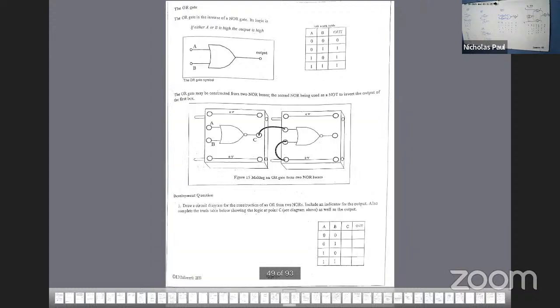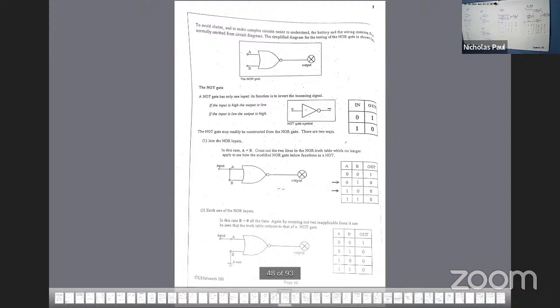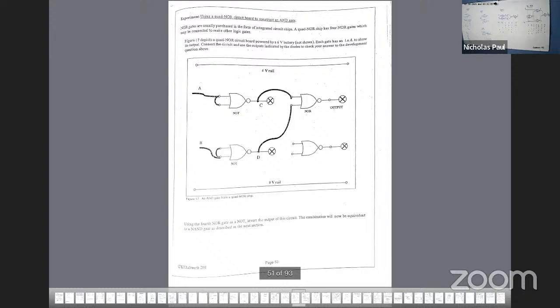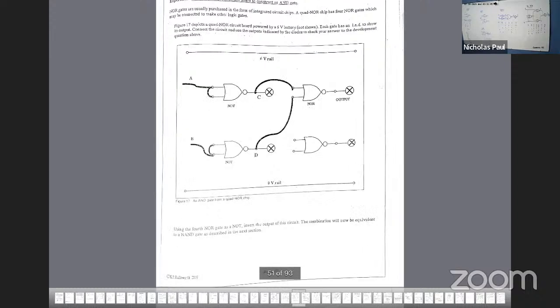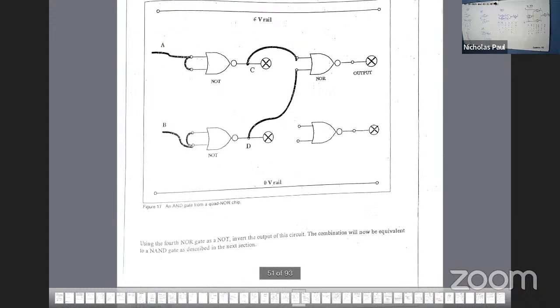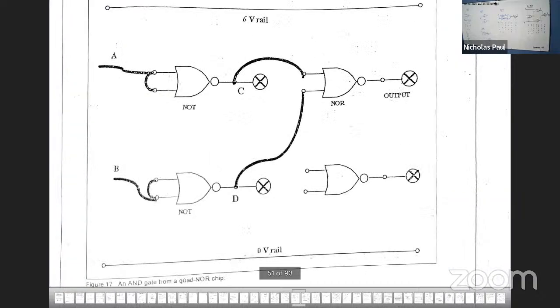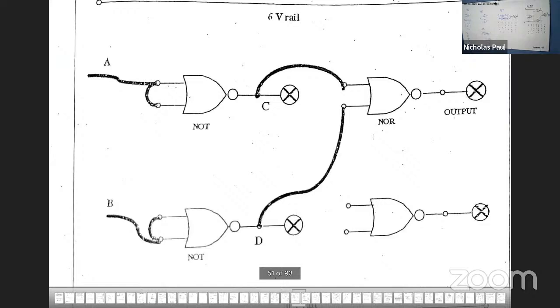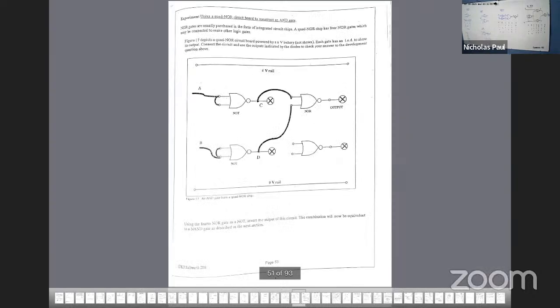What will happen if you connect two NOTs in a circuit? Two NOTs cancel off, right? So make a note of that, please. When two NOTs are connected in series, they cancel each other off.